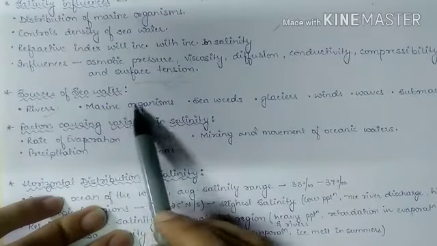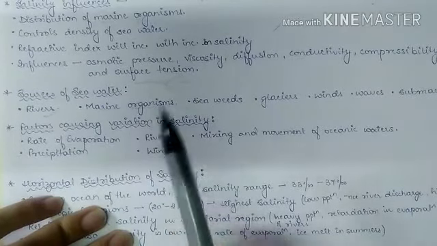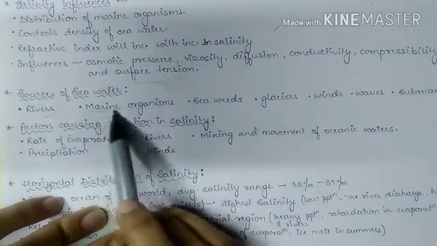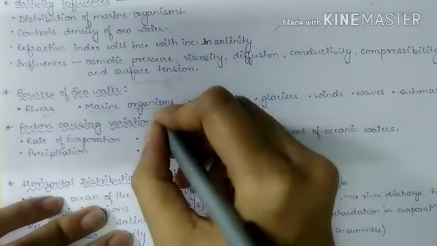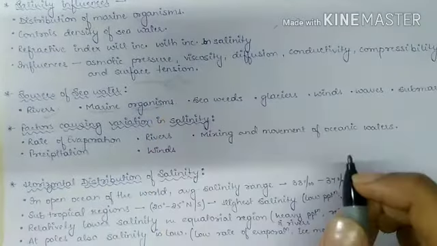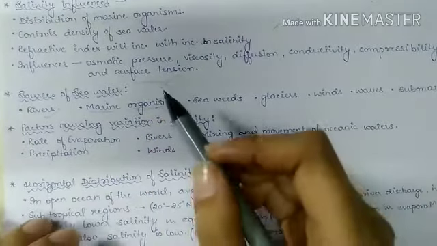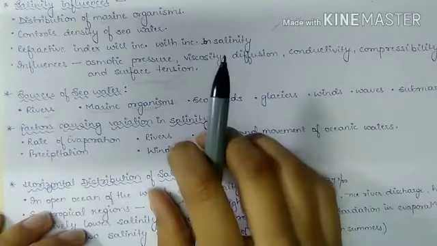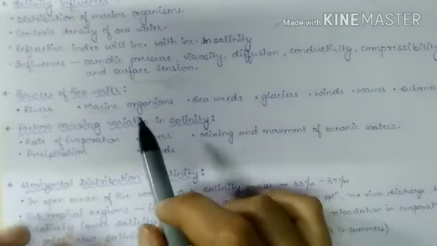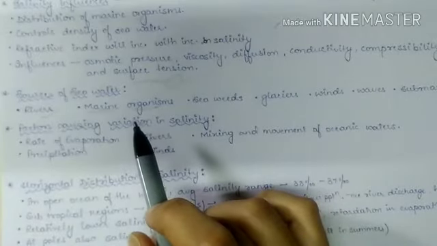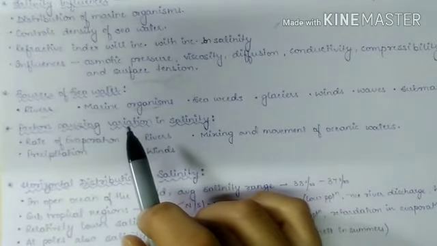Then we have marine organisms. The marine organisms also release some salt, like coral polyp, mollusk, oyster. These types of organisms have carbonate of lime.